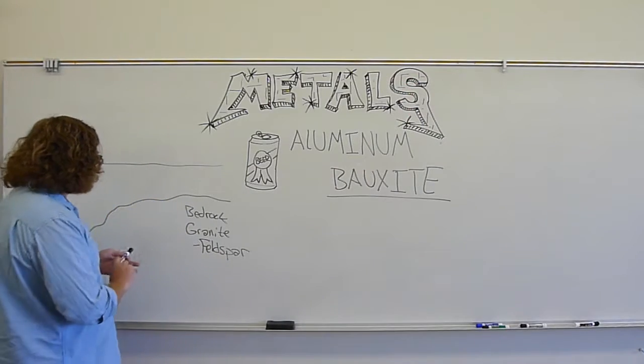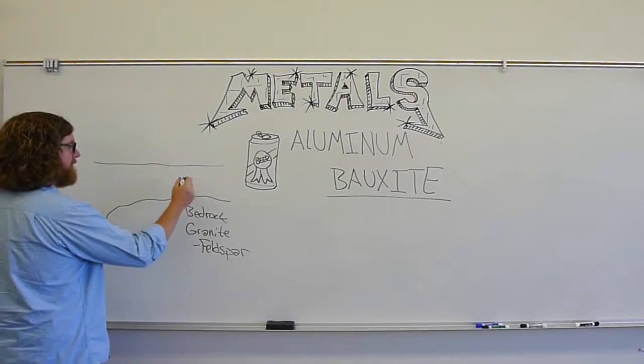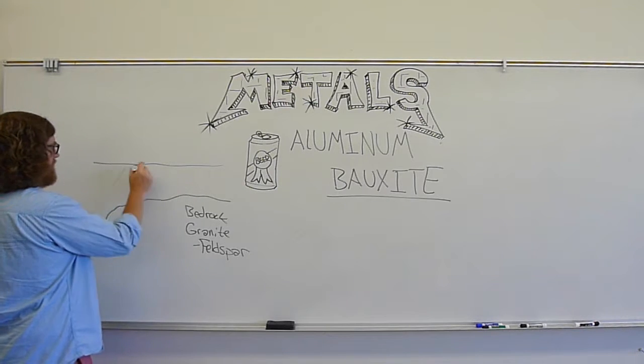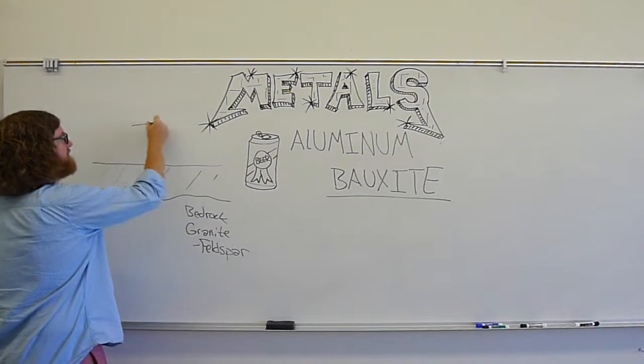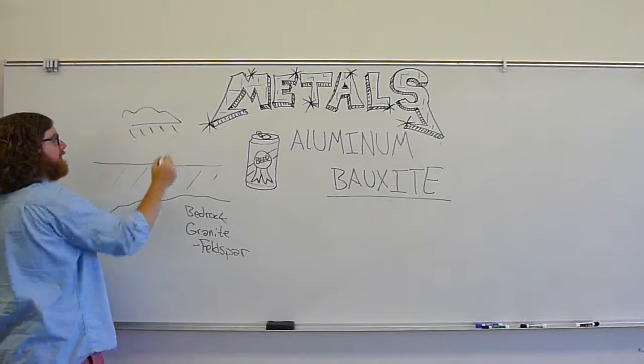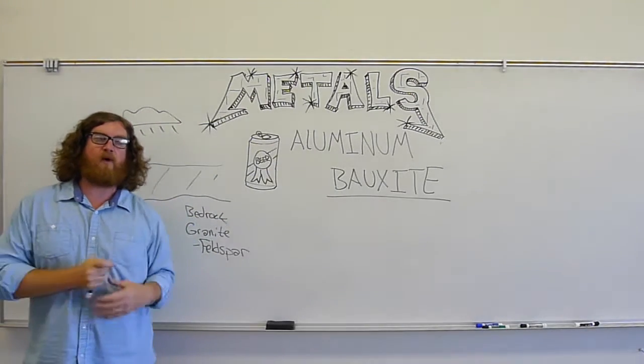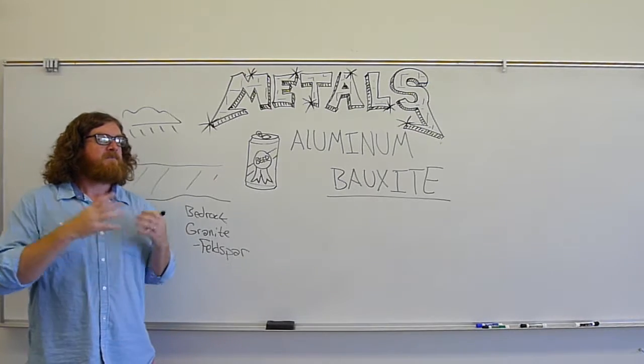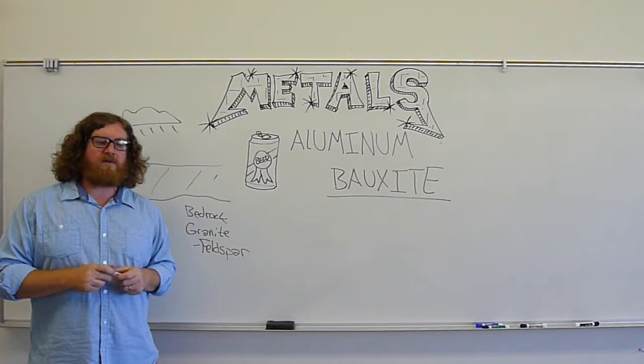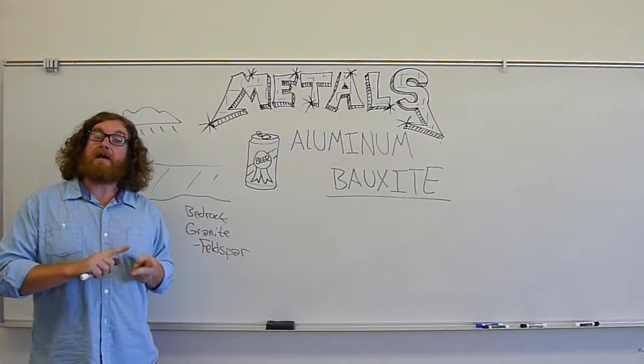So now, if we think about this granite decomposing, water is going on, and places that get really extreme chemical weathering. The factors that affect chemical weathering are moisture and heat, right?